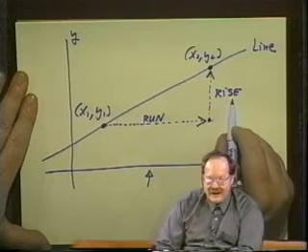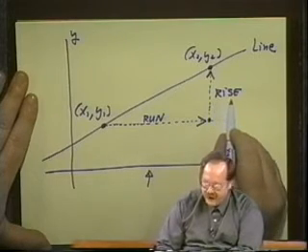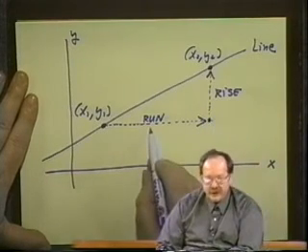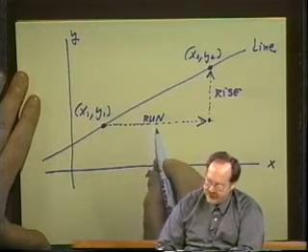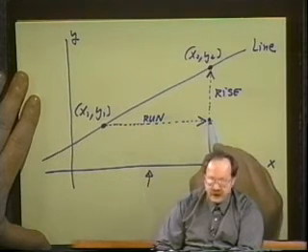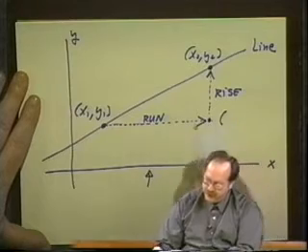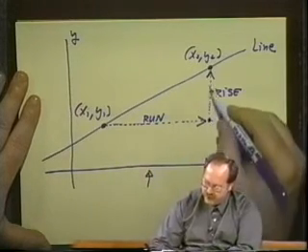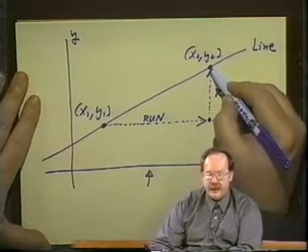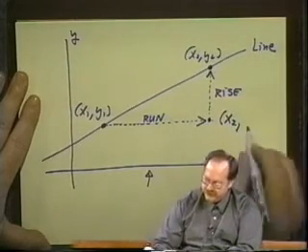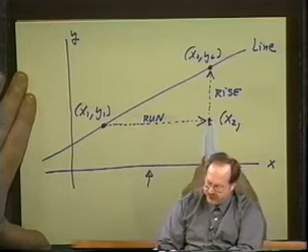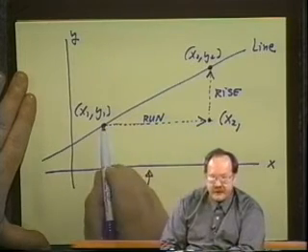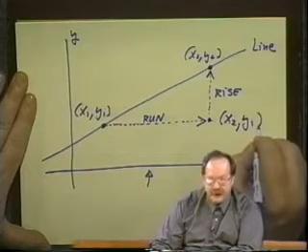What exactly is the numerical value of the rise in this case and the numerical value of the run? Well, that's easy to decide because we've done this argument before. The coordinates of the corner point we know. What is the x-coordinate here that corresponds to this point? Well, it's the same as the x-coordinate of the point above, so that's x sub 2. What is the y-coordinate of this point? Well, it's the same height as this point over here, so that must be y sub 1.